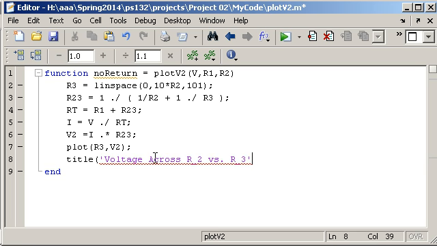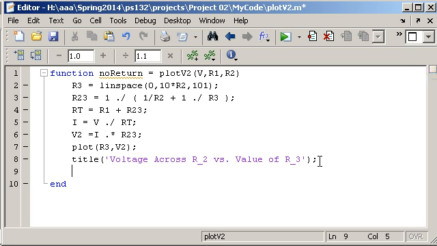I'm going to put a single quote, end parentheses, and I'll put a semicolon. I think that's going to work. Voltage across R2 versus the value of R3. I think I'll put a value of, and then we'll see if it's too wordy for the title. See if it takes up too much space.